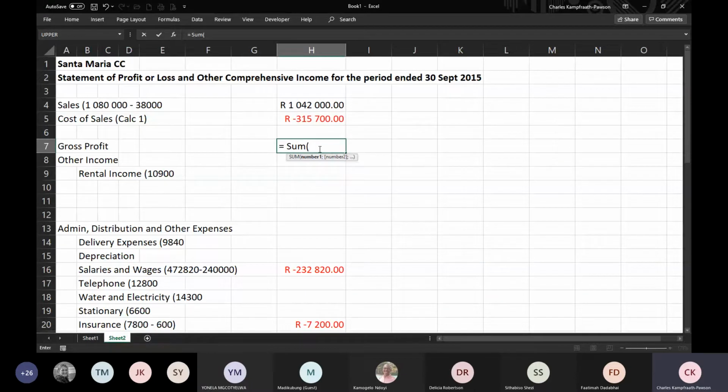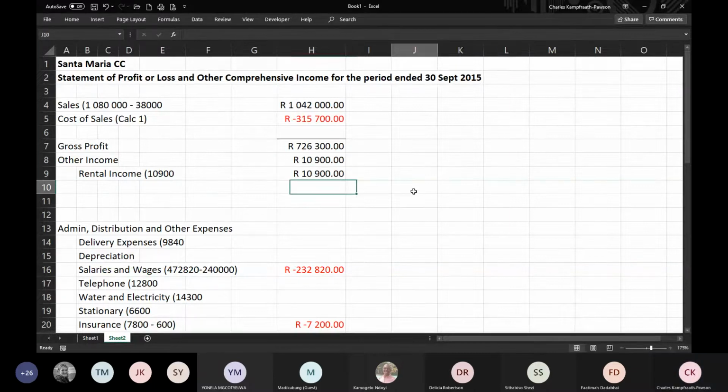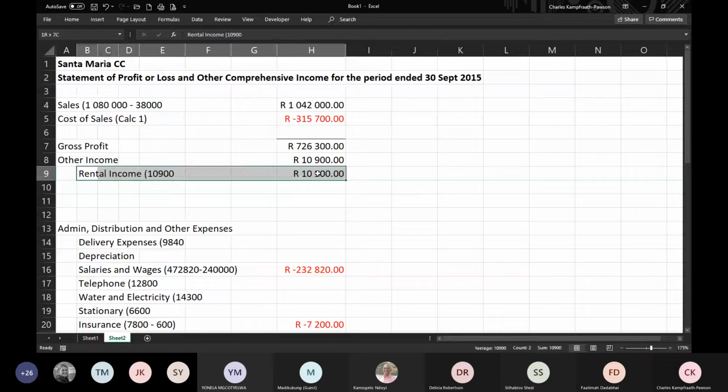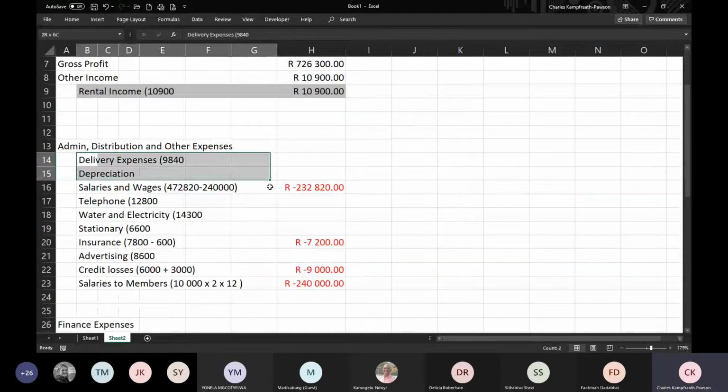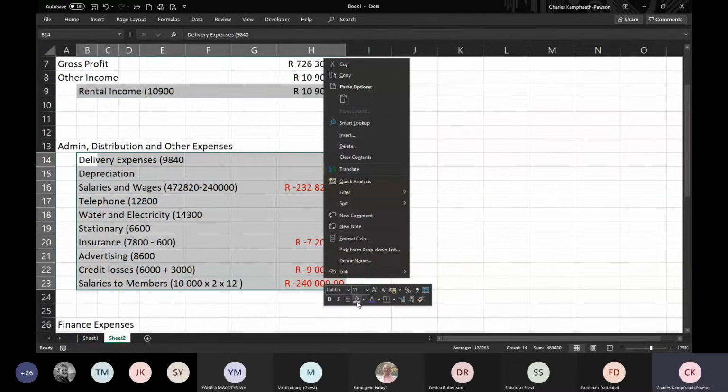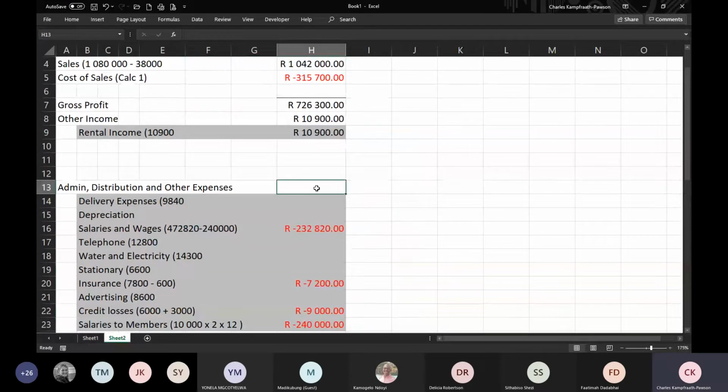Cost of gross profit is then difference between the two. We had rental income of 10,900. Then we had all the expenses. Quickly complete them.